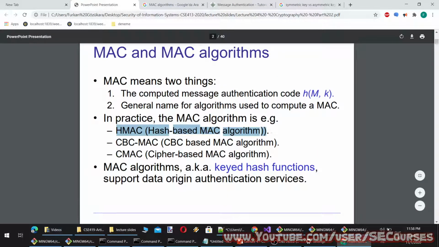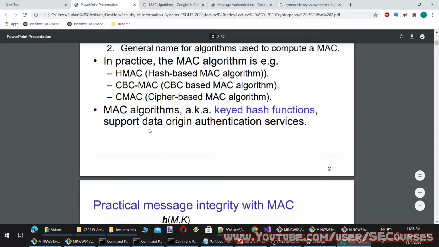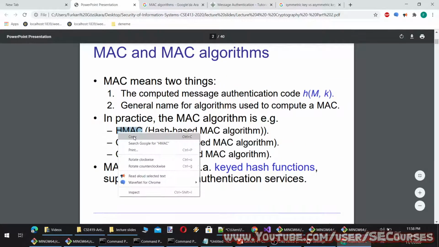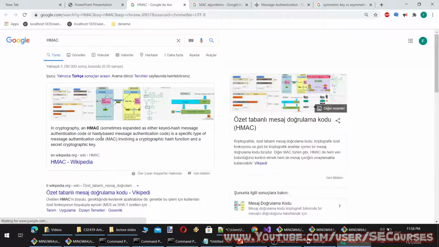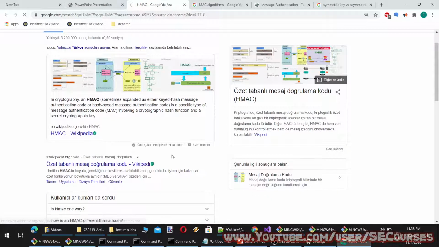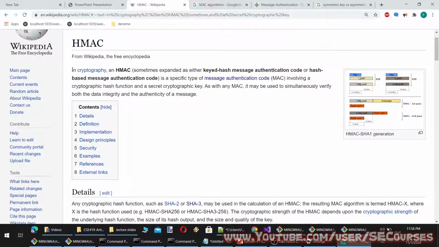So there are some MAC algorithm types, and if you are interested in them, you may check them. Let's search for them. Okay, let's check about HMAC.